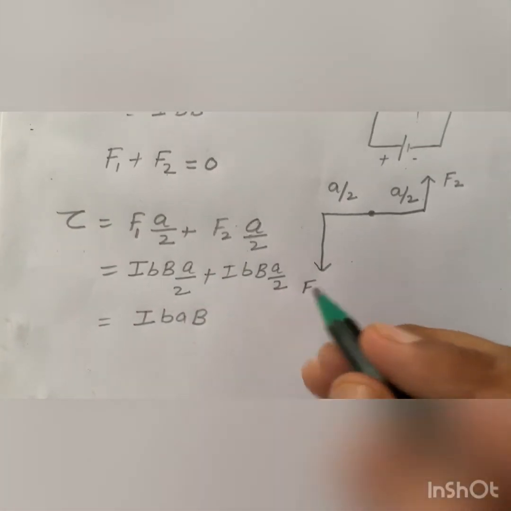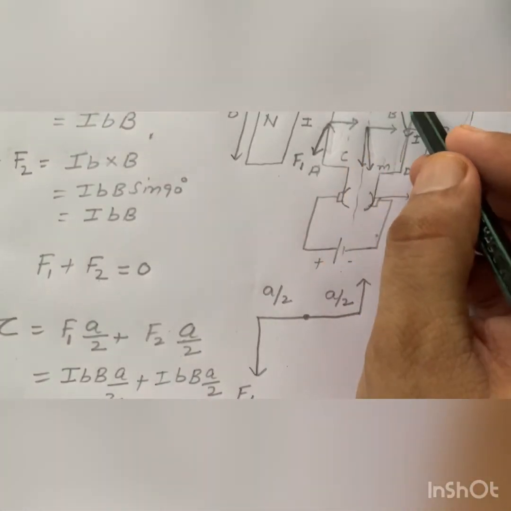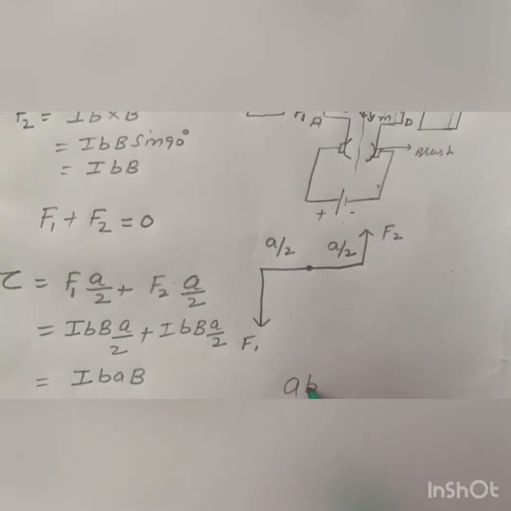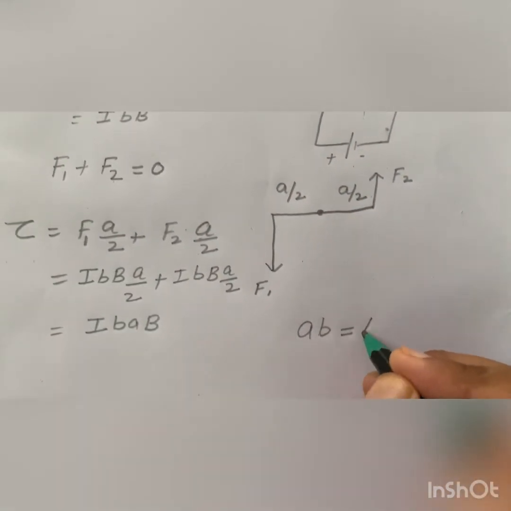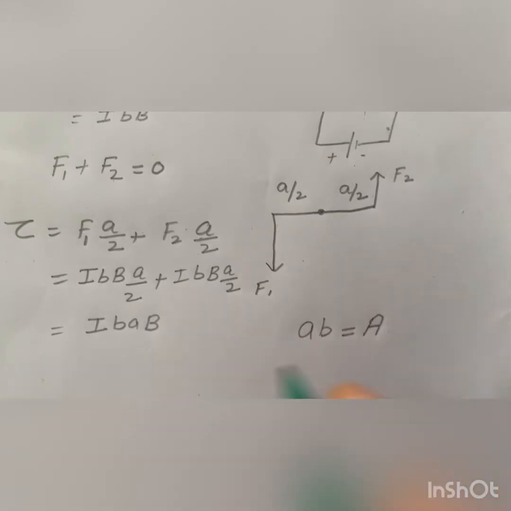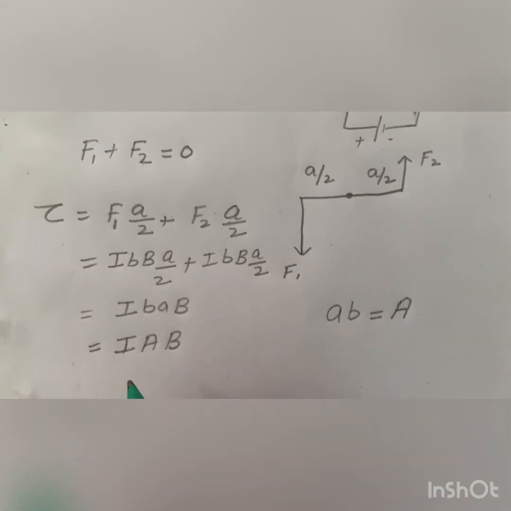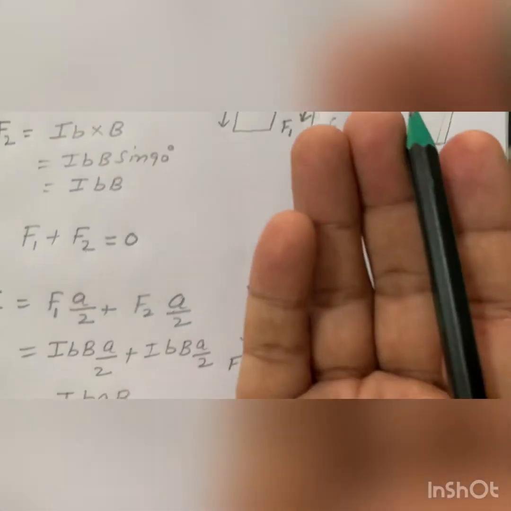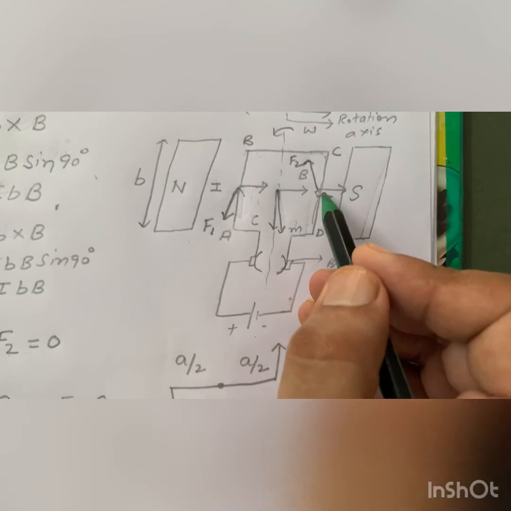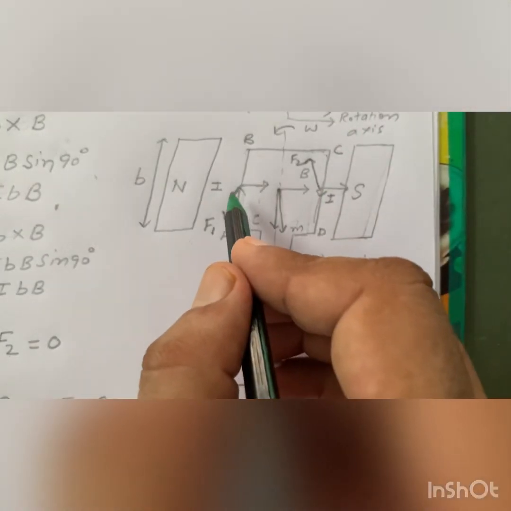Here the length is a and the breadth is b. We know that length into breadth is equal to the area of this coil, A. So we get I A B. This is the torque experienced by the coil, and the coil rotates in the anti-clockwise direction as this force points in the upper direction and this force points in the down direction.